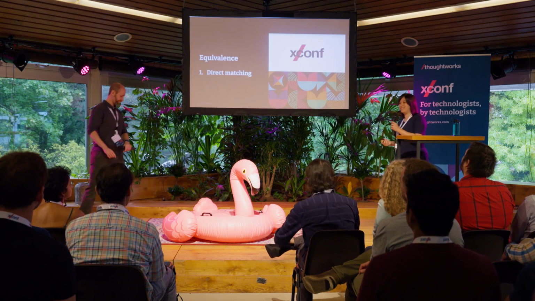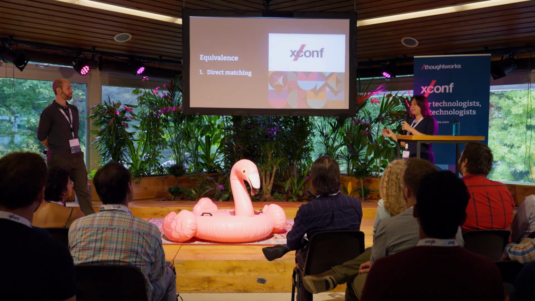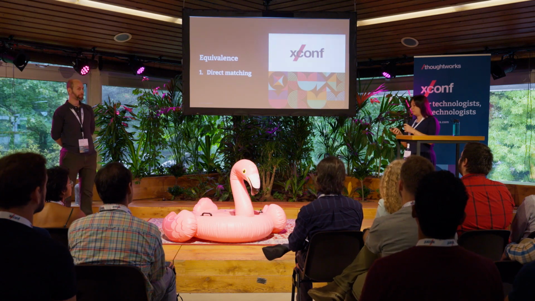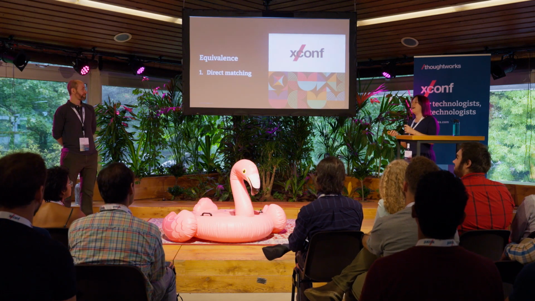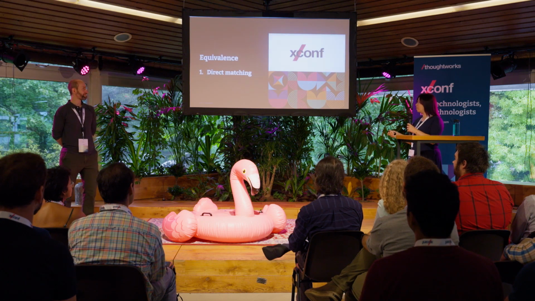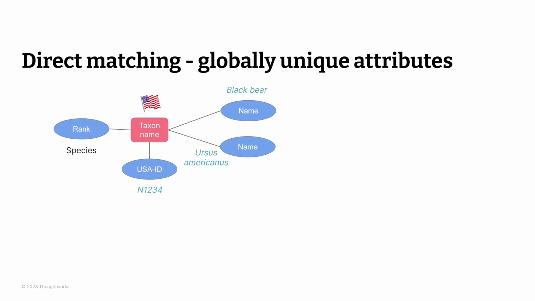Okay, right. Now that all the data has been modeled and we've got the two taxonomy graphs into a single knowledge graph, we can actually begin equivalencing between the two. We'll start first of all with the most simple match, which is just direct matching. So here we have the taxon name entity from the US.